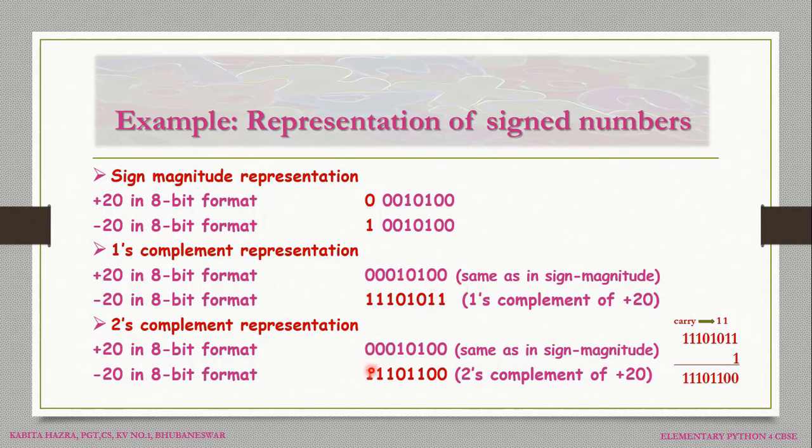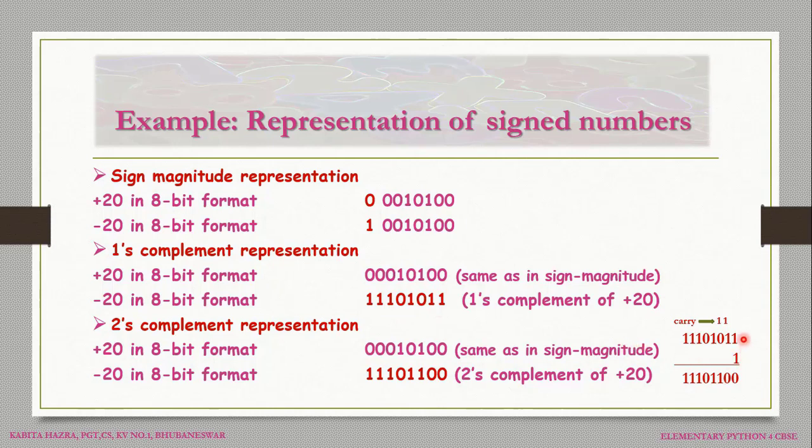In 2's complement, the positive numbers are represented in the same way as in sign magnitude. So plus 20 will be represented as 000010100, whereas minus 20 will be obtained by adding 1 to the 1's complement of plus 20.